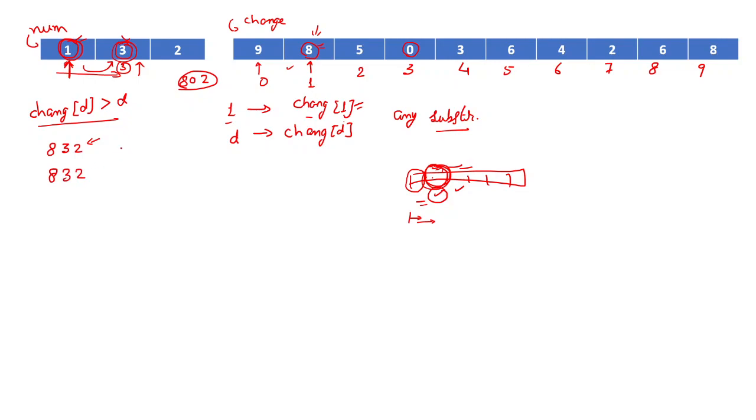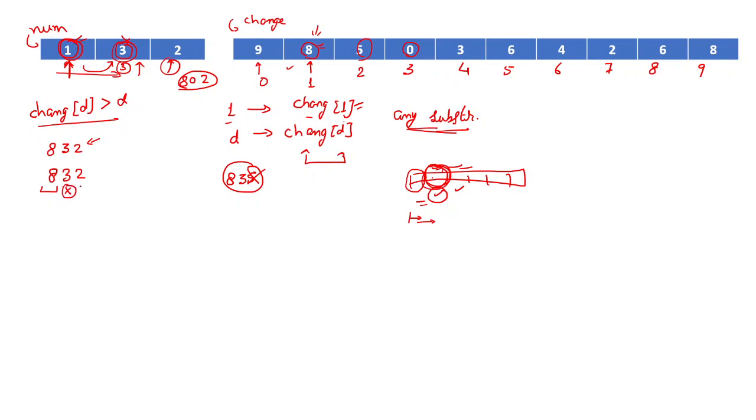Up till now, and now if we go to this 2, the maximum value that we can replace it with is 5. So you must be thinking that our maximum value should be 835, but this is wrong, because here it says any substring, and a substring is always continuous. Here we have already changed 8, and we haven't changed this 3, so here comes a break.